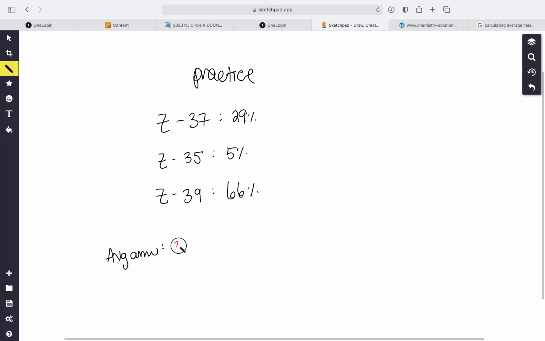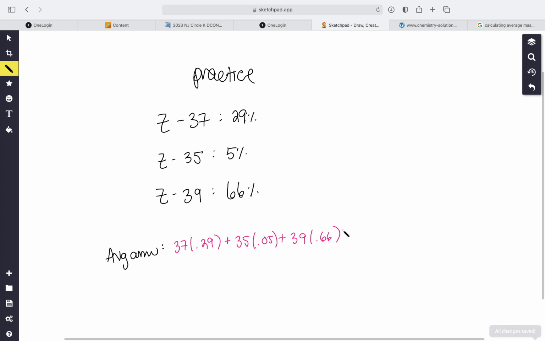Okay, so mass of the first one is 37, the percent is 0.29, plus 35, and the percent is 0.05, plus 39, and the percent is 0.66.